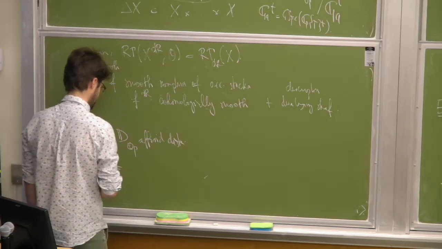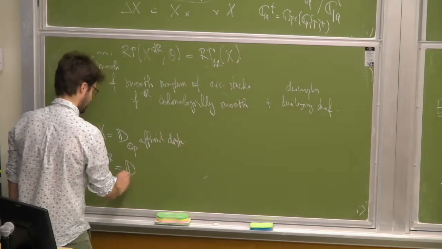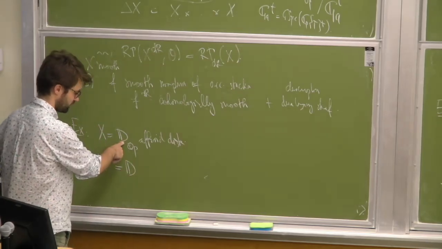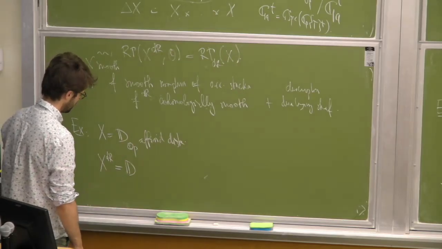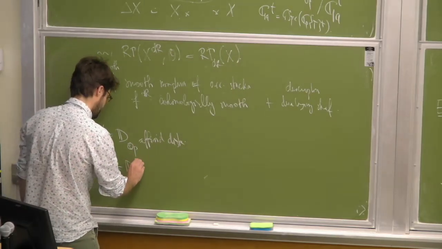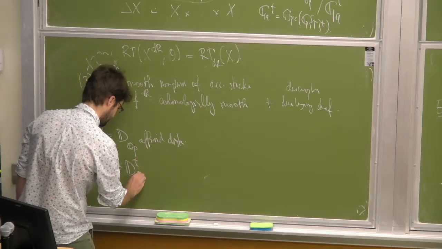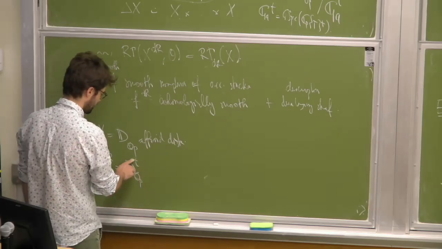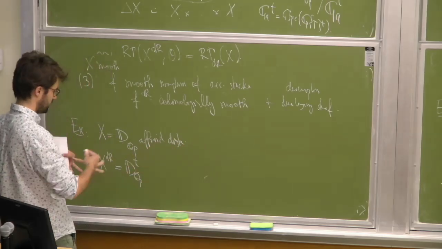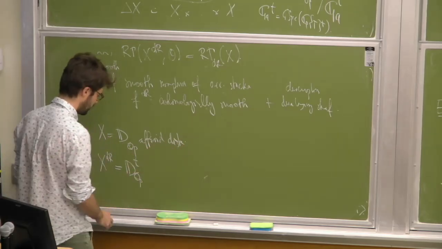In fact, in this case, the map is not partially proper, but you can look instead at the over-convergent disk, which contains this one, the limit of disks of radius strictly bigger than 1.